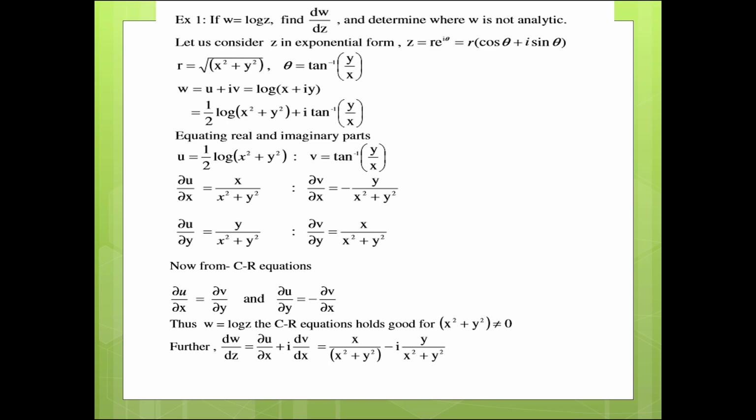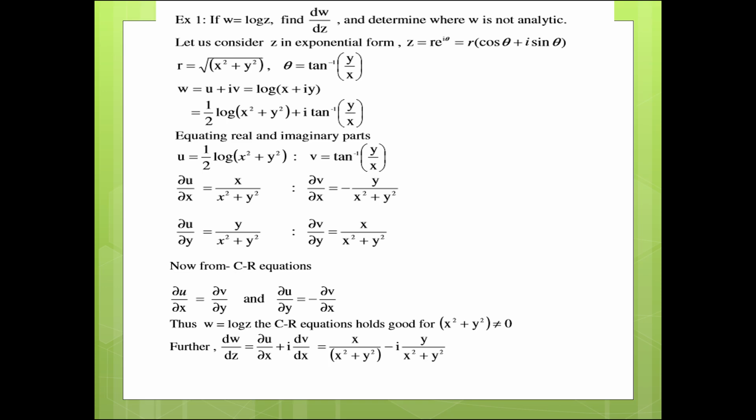Differentiating u and v with respect to x and y, we get ux equal to x by x square plus y square, vx equal to minus y by x square plus y square, and uy equal to y by x square plus y square, vy equal to x by x square plus y square. Now from the CR equations, ux equal to vy, uy equal to minus vx. Thus for w equal to log z, the CR equations hold good for x square plus y square not equal to 0.